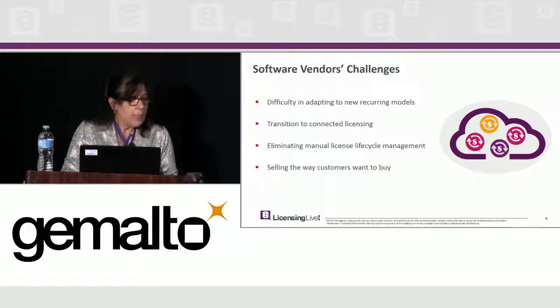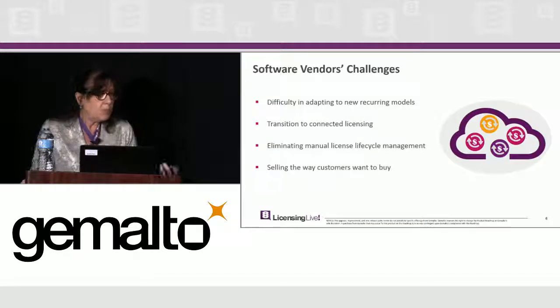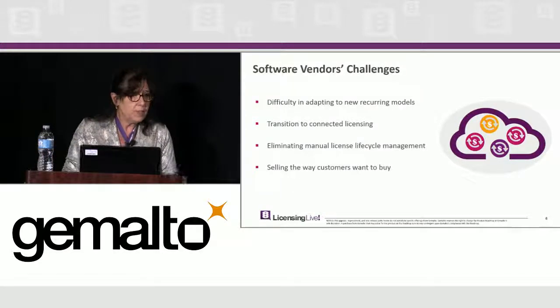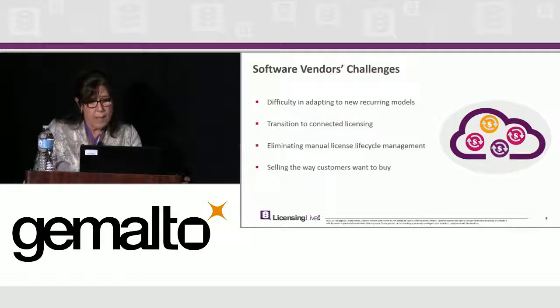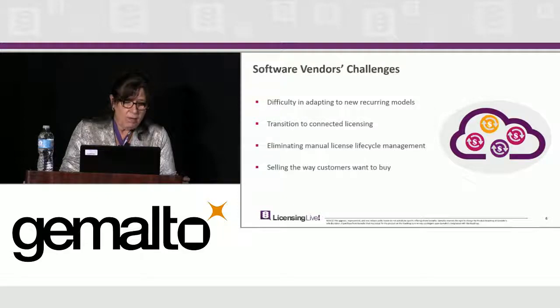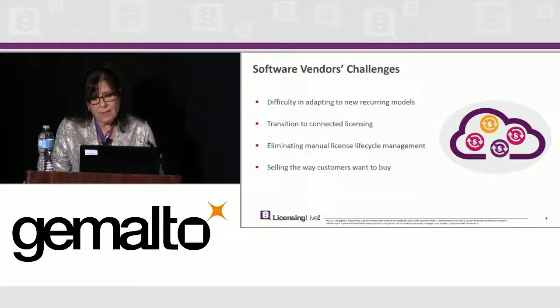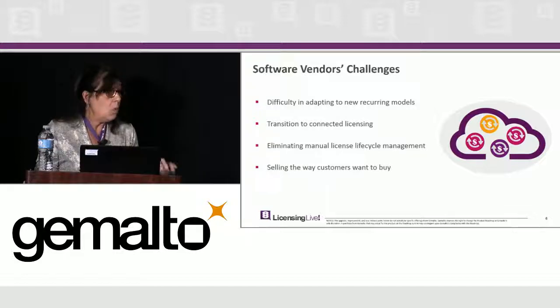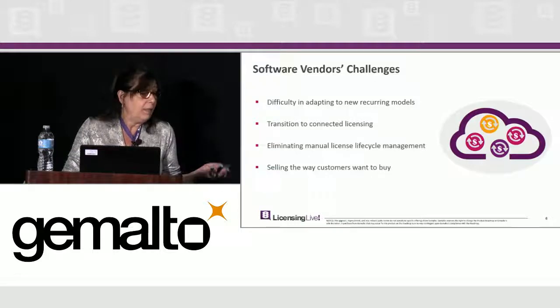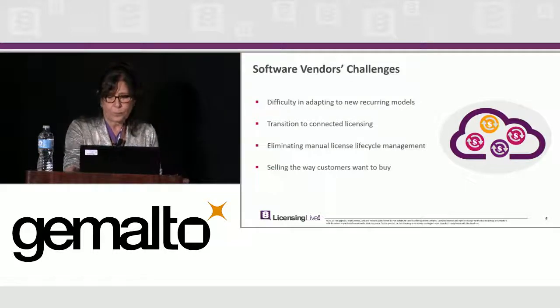When the model is perpetual, it's relatively easy from an end customer perspective. The license is locked and that's it, and they can use it virtually indefinitely. But when more advanced models are coming into play, vendors want to make sure that employing these licensing models won't affect their end customer experience, and if anything, will improve it.